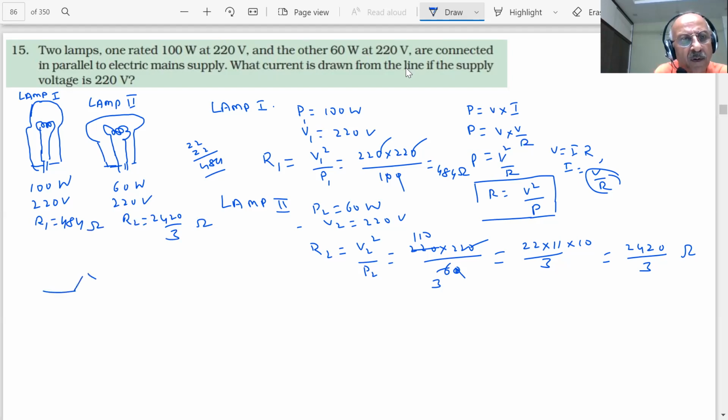Parallel, student. This is my lamp 1 and this is my lamp 2. They are connected with the main supply.